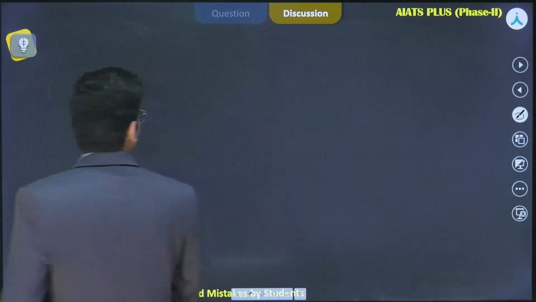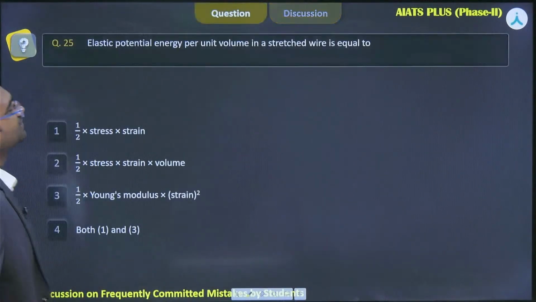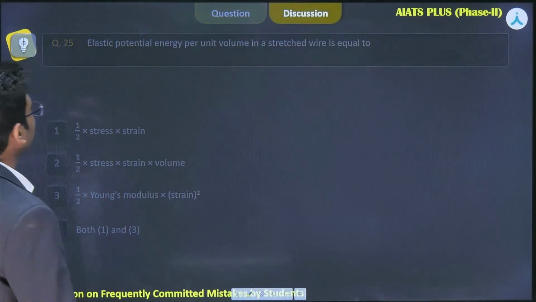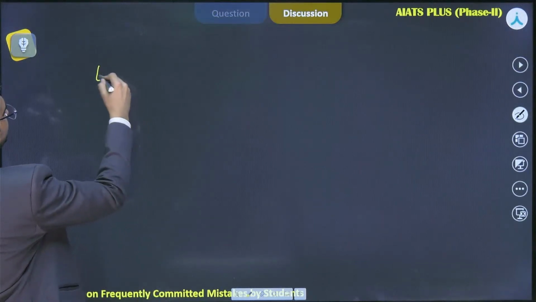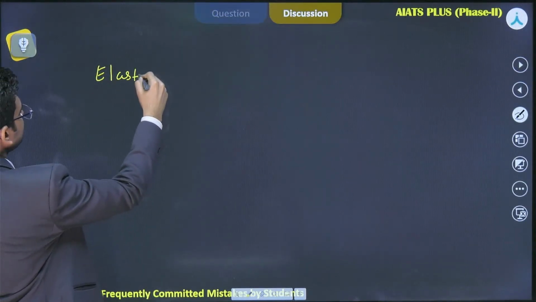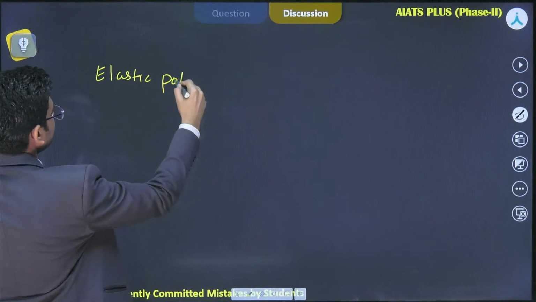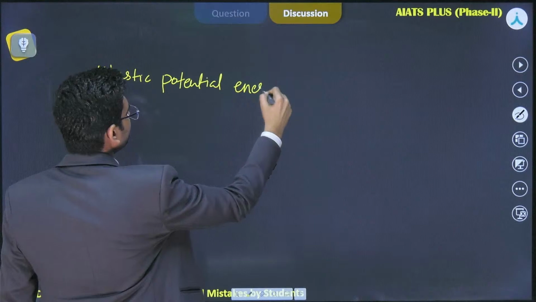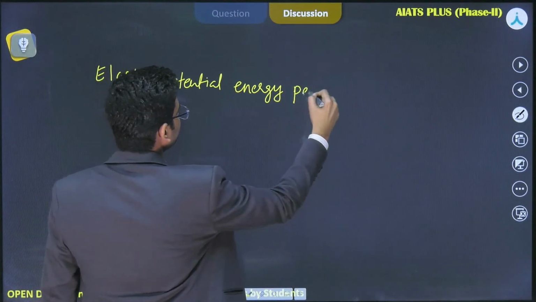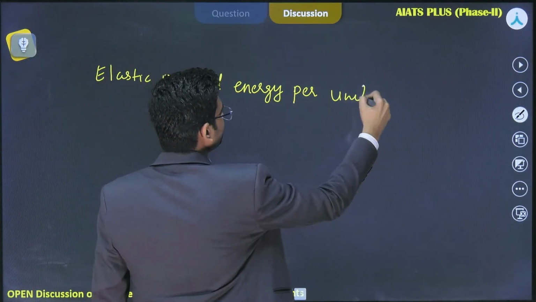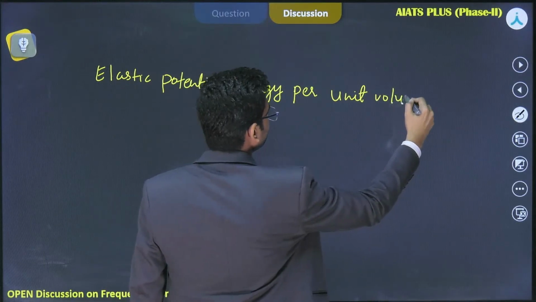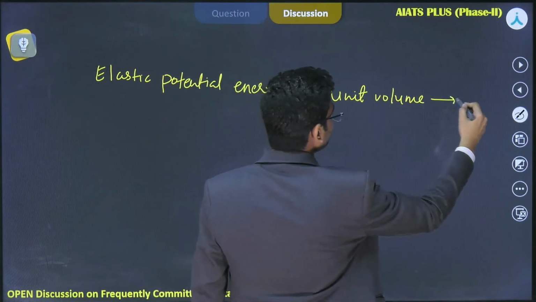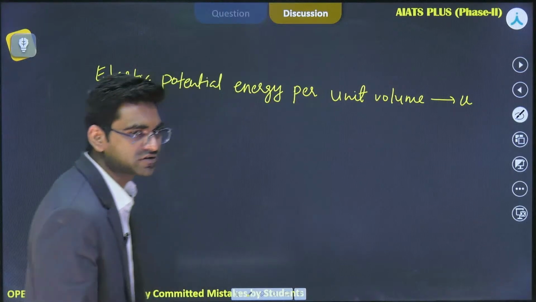So elastic potential energy, and that is per unit volume, elastic potential energy per unit volume, is denoted by small u.